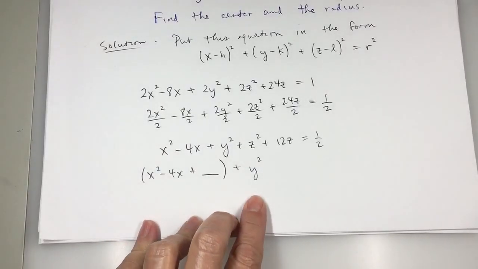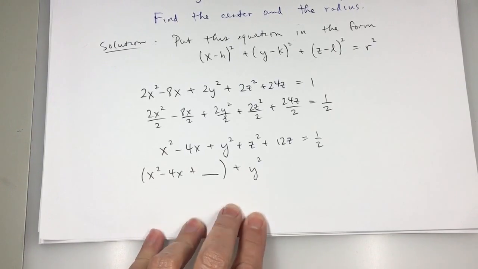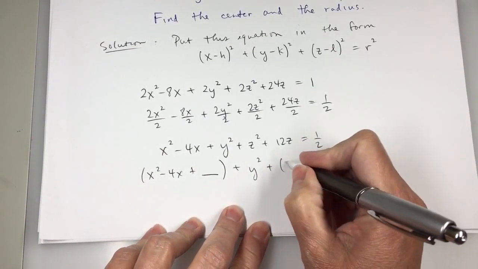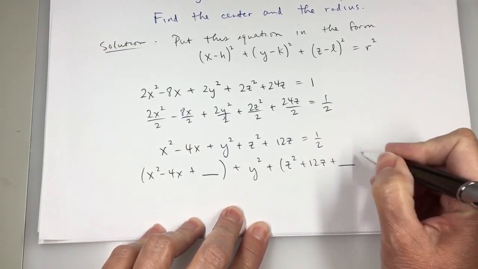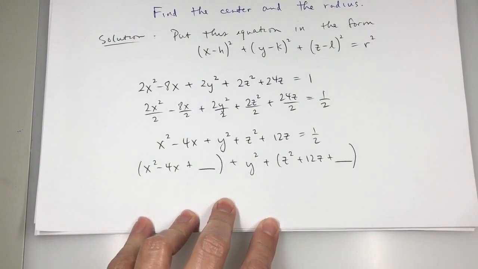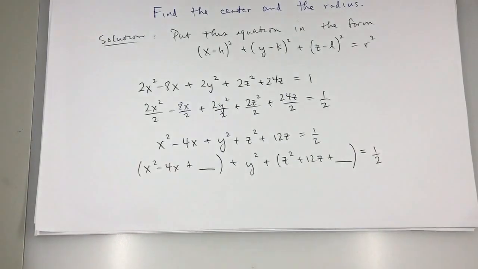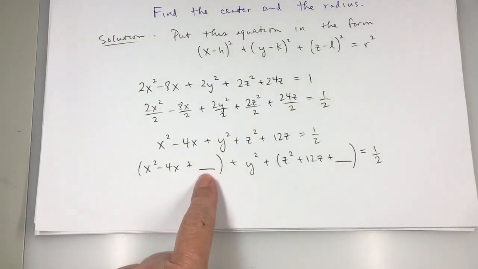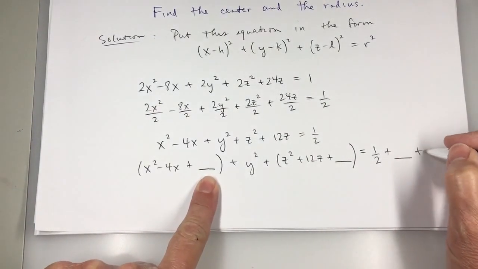I know the y coordinate of the center is going to be 0. And then I'm going to group together z squared plus 12z plus some number that will let me factor that into a perfect square. Now I think about my 8th grade teacher, because he would say, you cannot change the problem. So if I add something to the left side, I've got to add it to the other side.